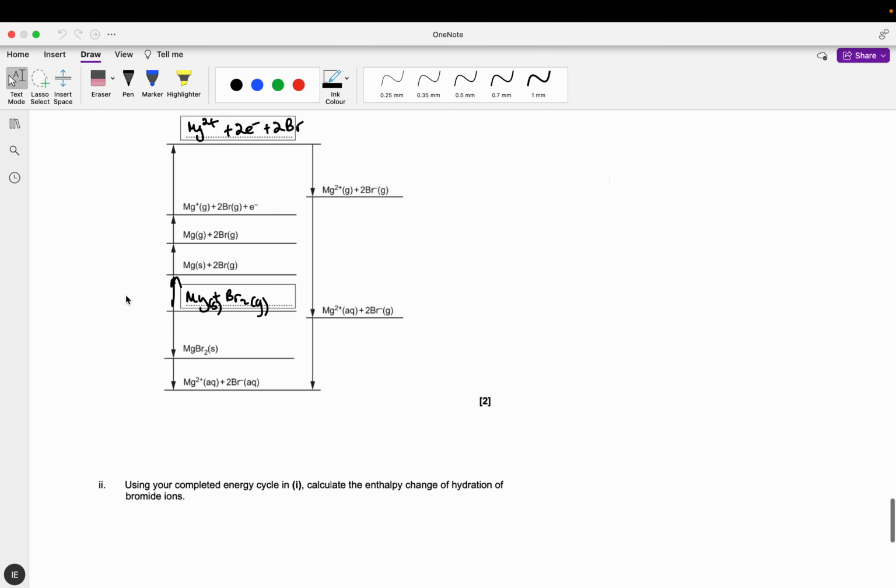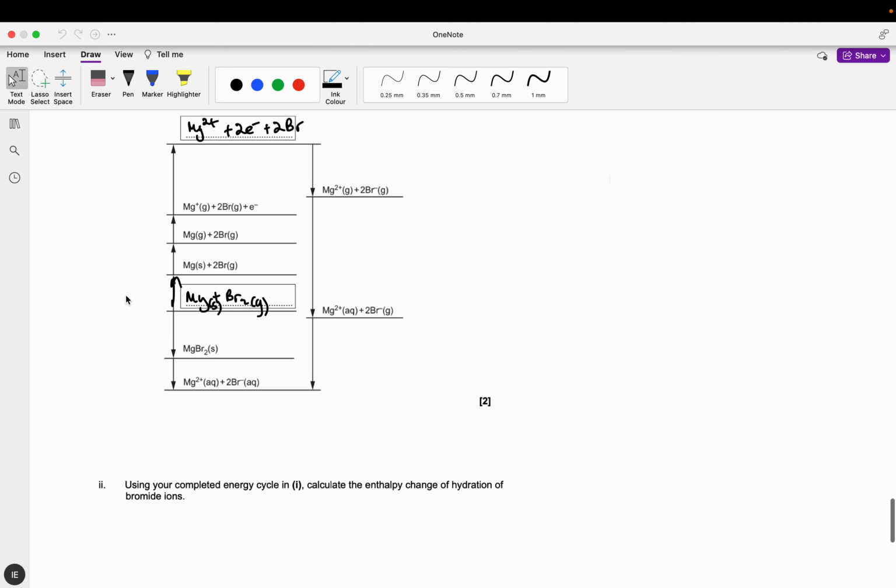This has to do with the earlier part of this topic. I'm just going to give you a quick detour and explain what this is about. Enthalpy change of solution is the enthalpy change when you have a solid ionic compound going into its aqueous ions. This itself has 2 steps.